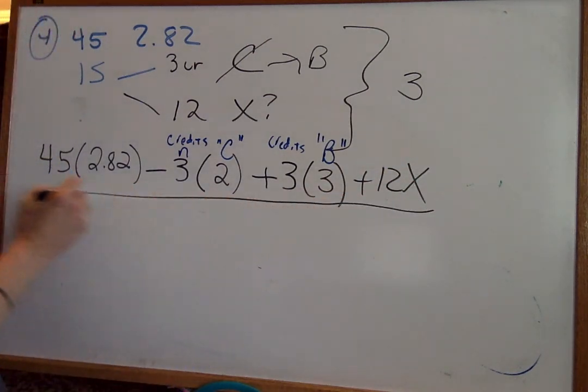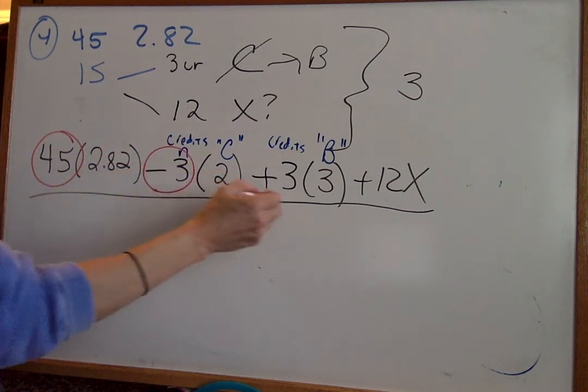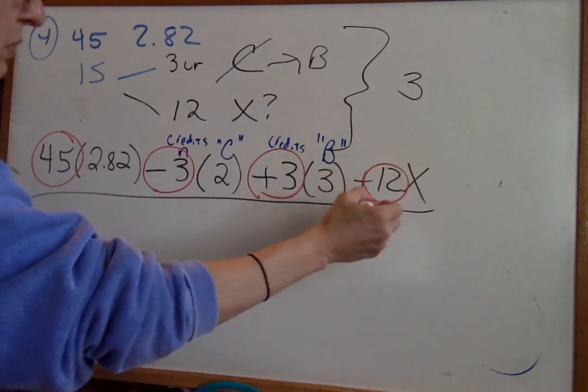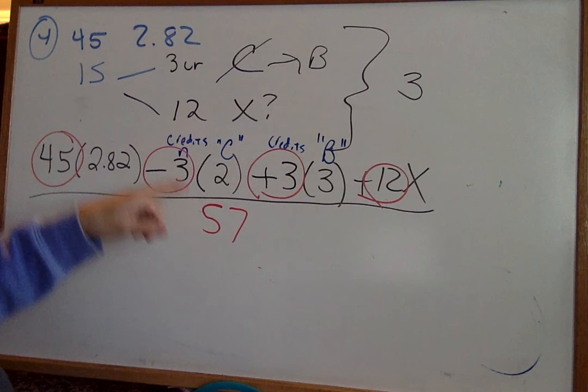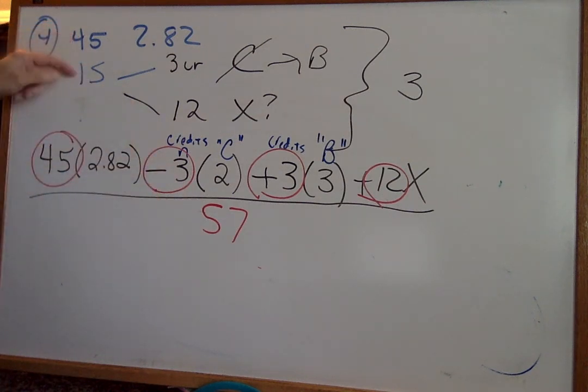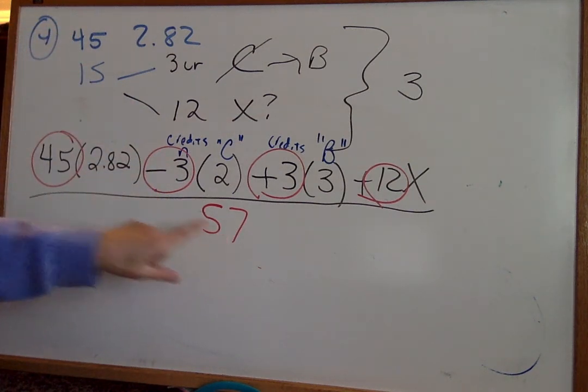Here is particularly why I've been trying to teach you to make sure you add up your weights. 45 minus 3 plus 3 plus 12 does not equal 60. It equals 57. A very common mistake is for students to just see that 45 and 15 and think a 60 goes here.